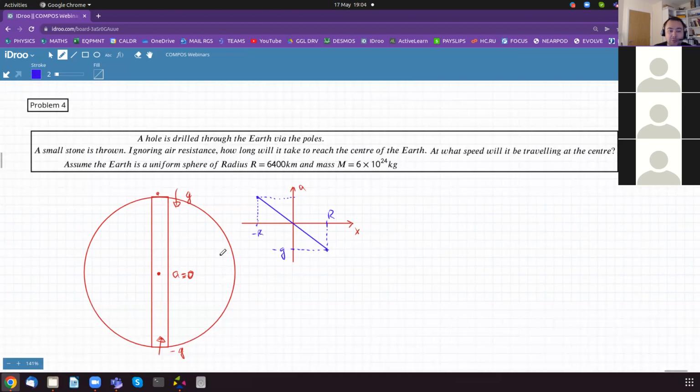If I have time, I will prove to you that this is in fact true, considering the planet is uniform. But for now, just believe me that this is true.